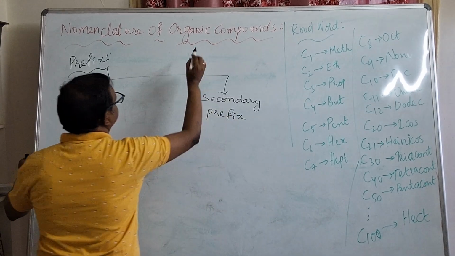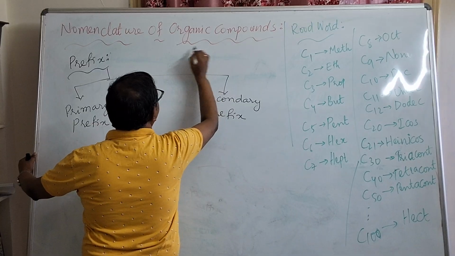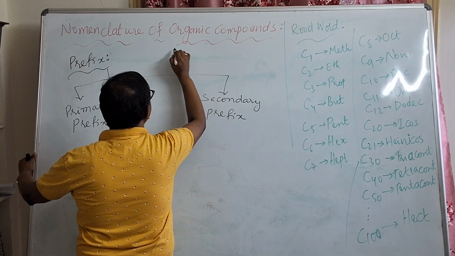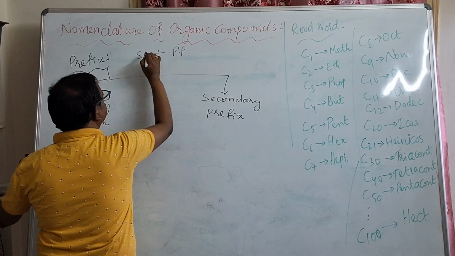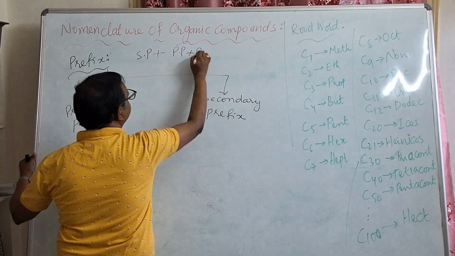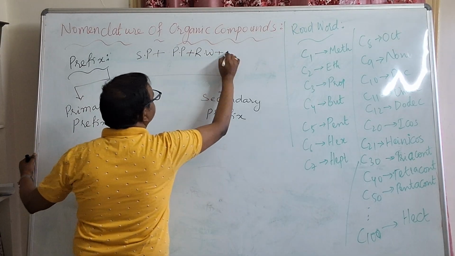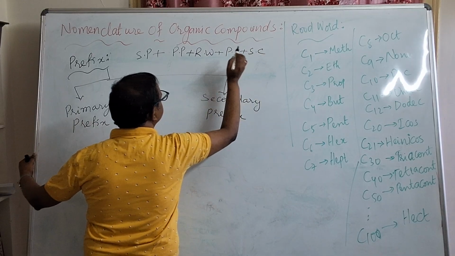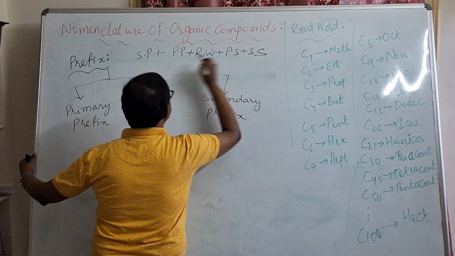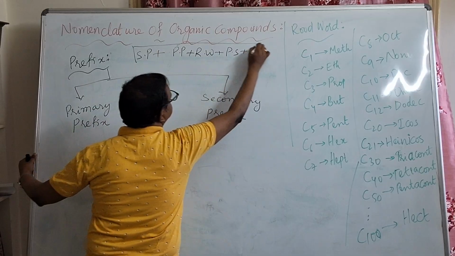The name of an organic compound can be written as: secondary prefix, primary prefix, root word, plus primary suffix, plus secondary suffix. This is the name you have to write.